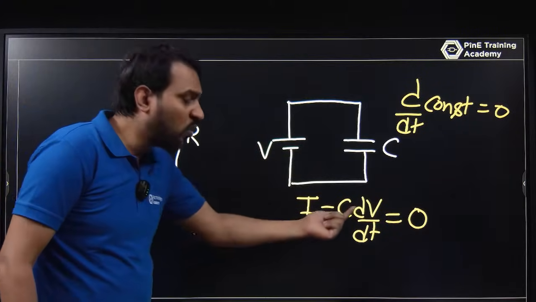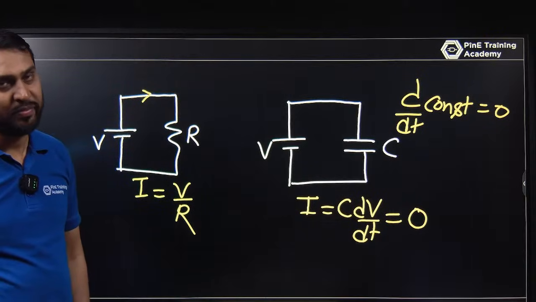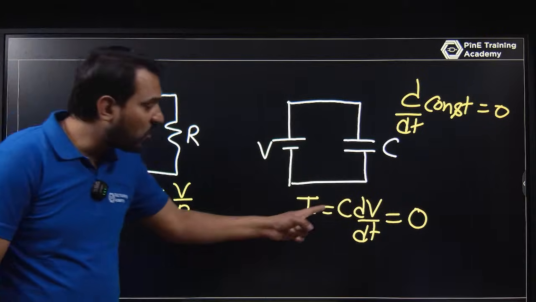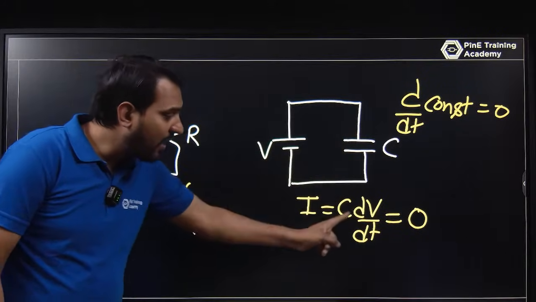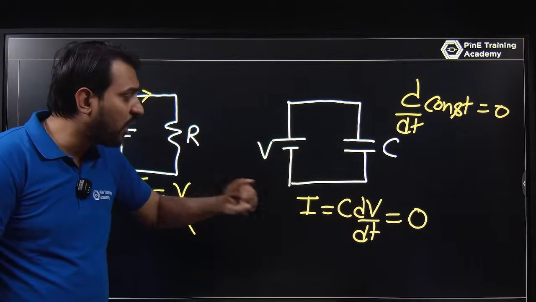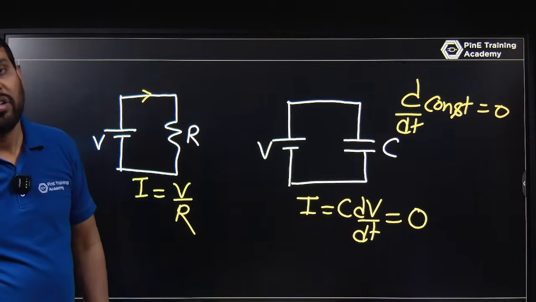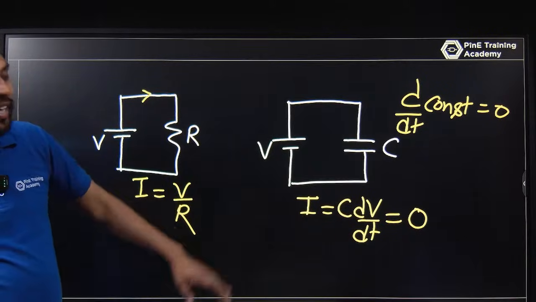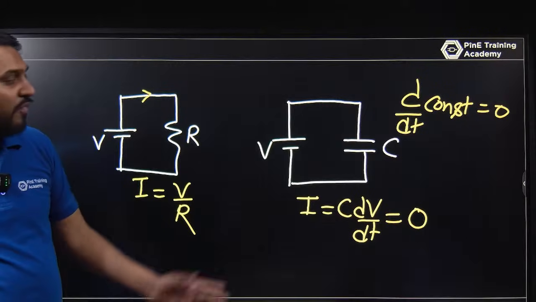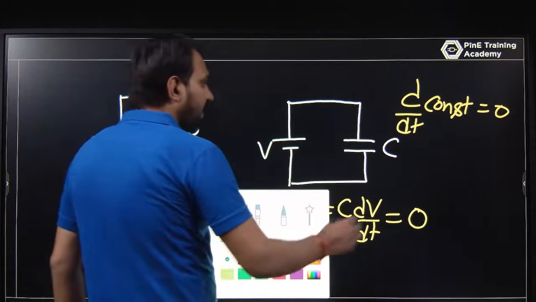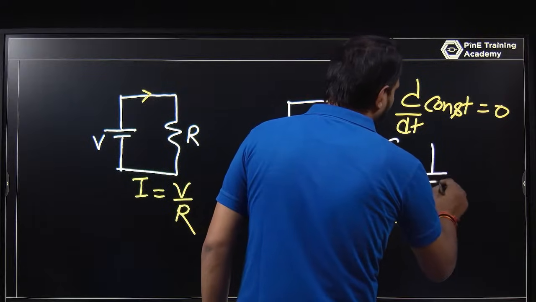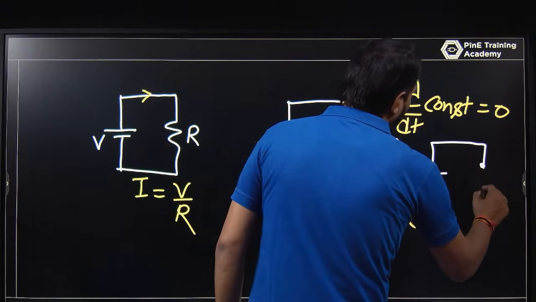Because I is equal to C dV by dt, the voltage is constant V, and the differentiation of constant voltage is 0. The current is 0, and that means this capacitor acts like an open circuit.